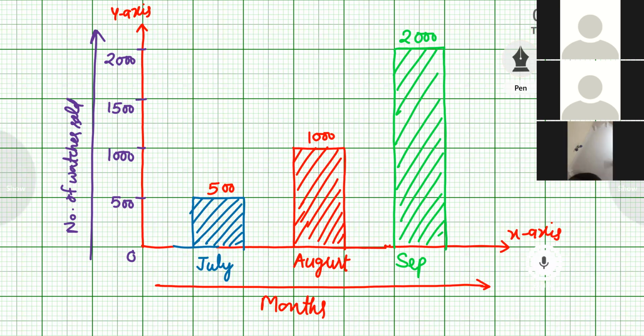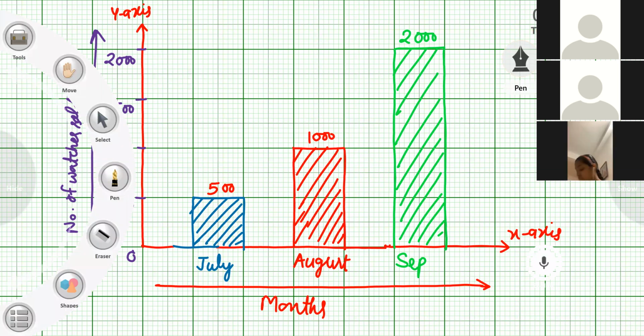When we are drawing any graphs, we have to mention here scale. Right side to the corner, I want to write scale.